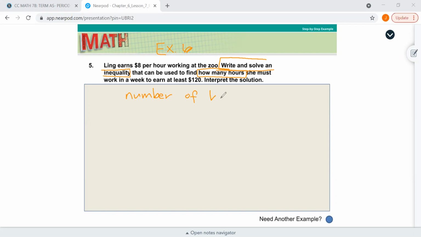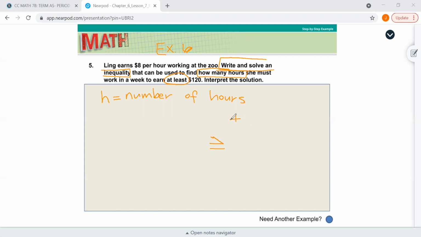So we have to choose a variable. Any letter you can choose. Let's choose H. That stands for the number of hours. Since you have to write an inequality, let's start with the inequality symbol, but it shows here is the keyword, at least. At least means greater than or equal to symbol.